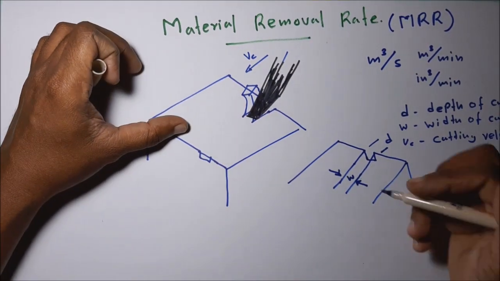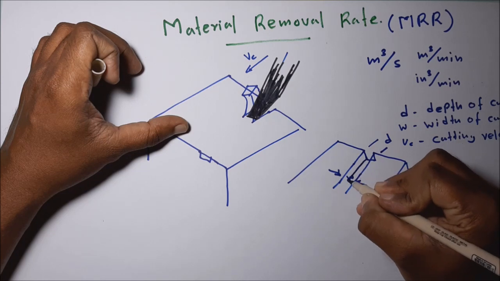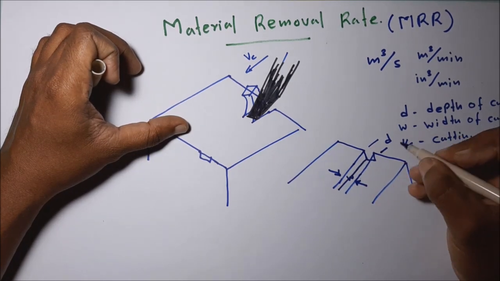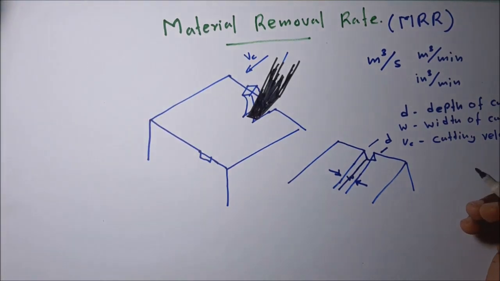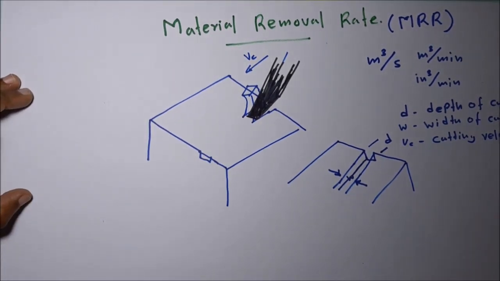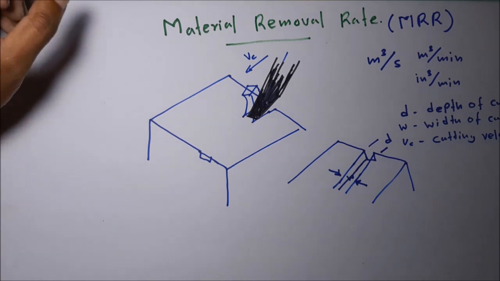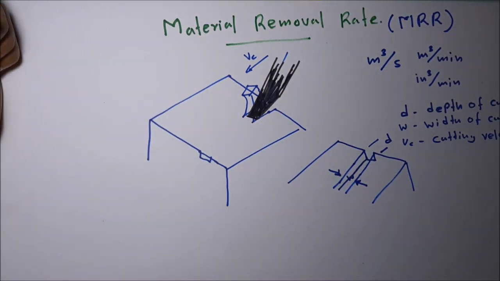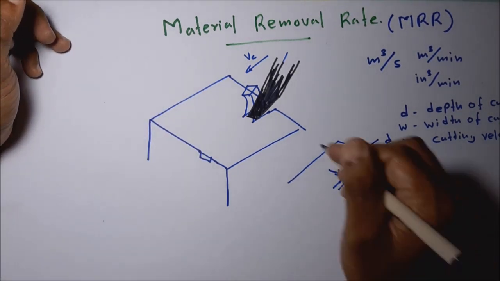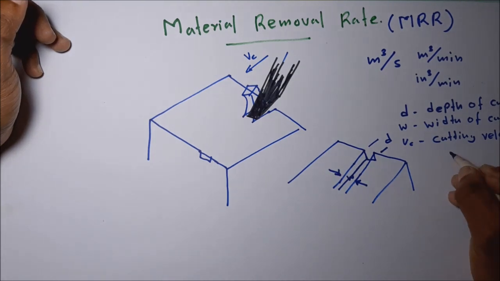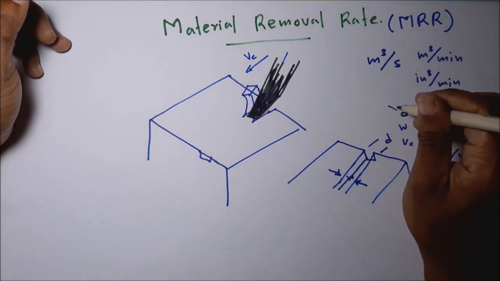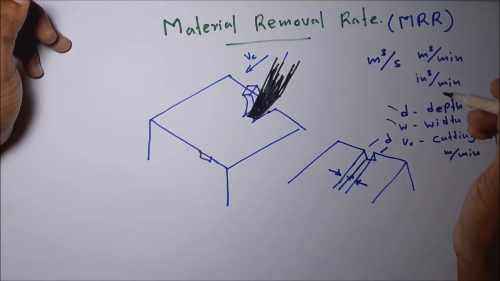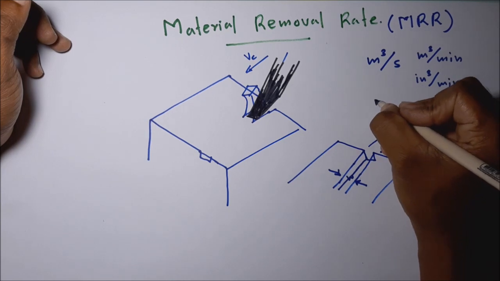This kind of groove is going to be removed from the workpiece. Then we are going to find what is the rate of material removal in this process. How to find the material removal rate? Let's take vc in meters per minute, and d and w in inches.